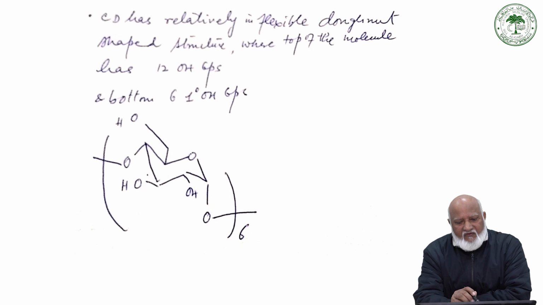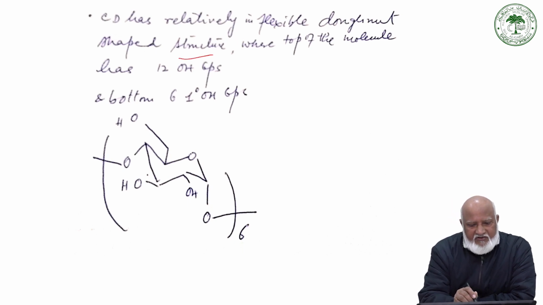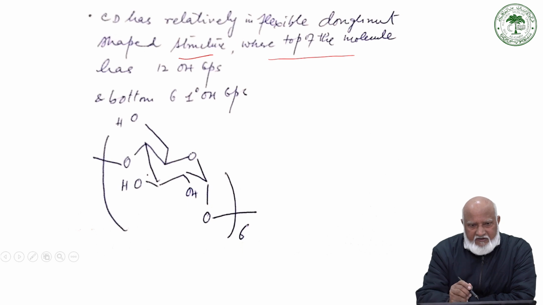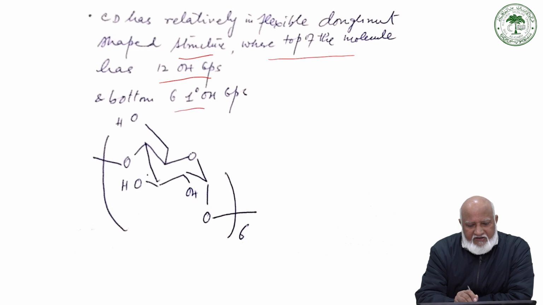The cyclodextrins have a relatively flexible donut shaped structure. So for example, this is the top of the cavity and this is the bottom of the cavity. It has 12 OH groups, out of which 6 are on the top and 6 primary OH groups are at the bottom of the cavity.